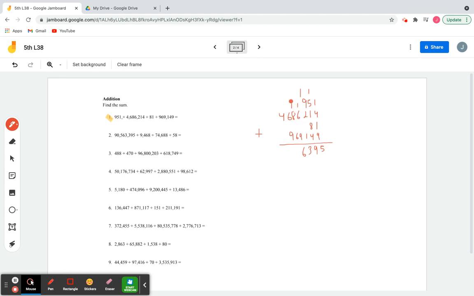And then now we're adding these numbers. So 1 plus 8 plus 6, and it's going to be 15. So let's write 5 over here, and then 1 over here. So now we're adding these 3 numbers, 1, 6, and then 9. So it's equal to 16. So I'm going to write 6 here, and then move 1 over here.